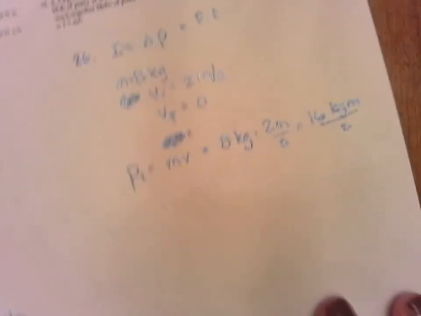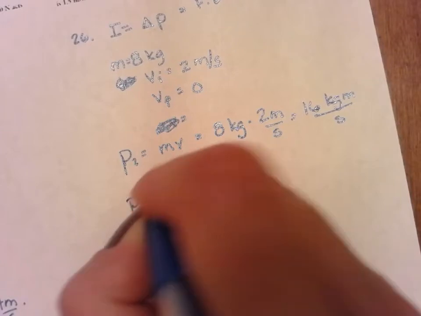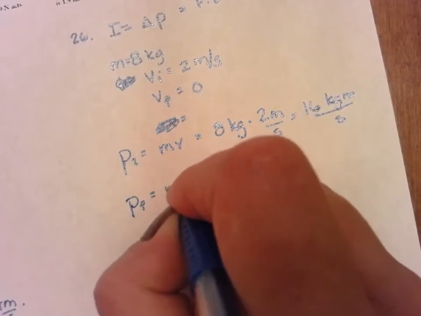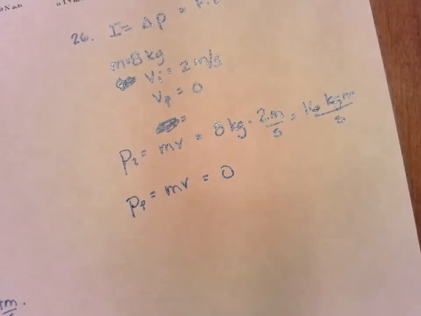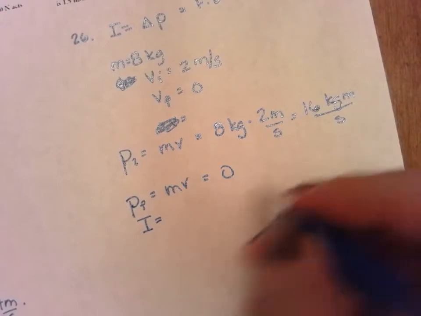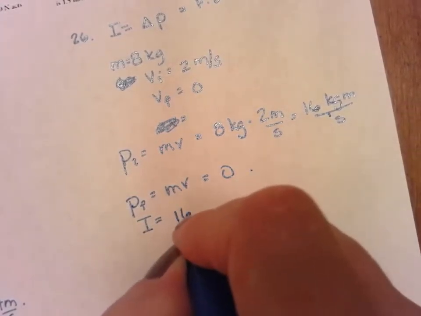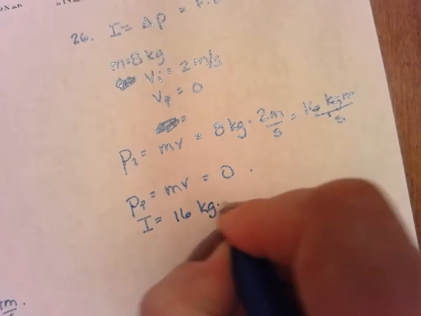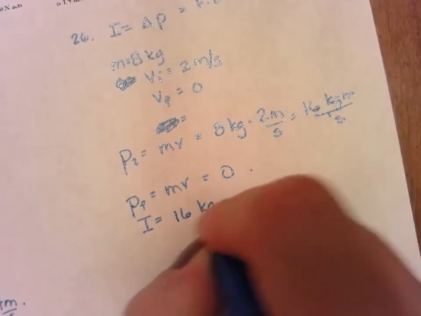My momentum final is the mass times velocity. My final velocity is 0, so my final momentum is 0. Impulse is equal to the change in the momentum, which is 16 kilogram meters per second minus 0, which is equal to 16 kilogram meters per second.